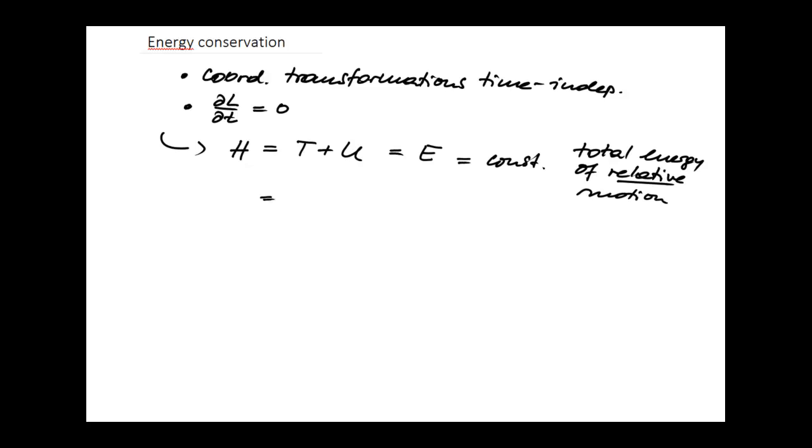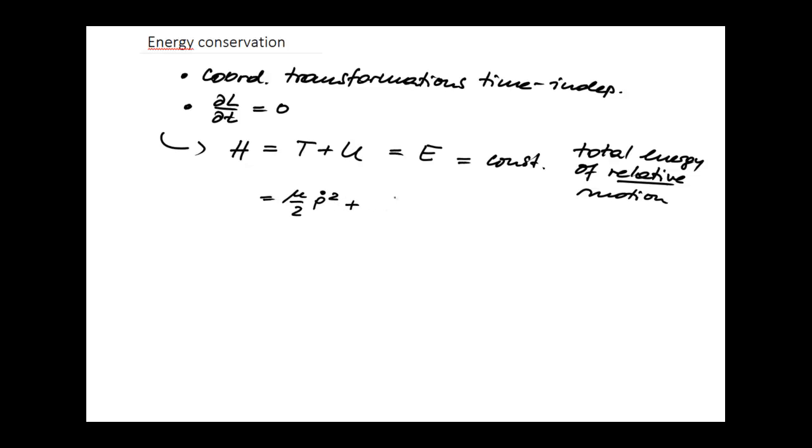Now let's evaluate the Hamilton function. Let's insert for the kinetic energy and the potential energy the formulas that we had obtained earlier. The kinetic energy had two contributions. One was mu over 2 rho dot squared.